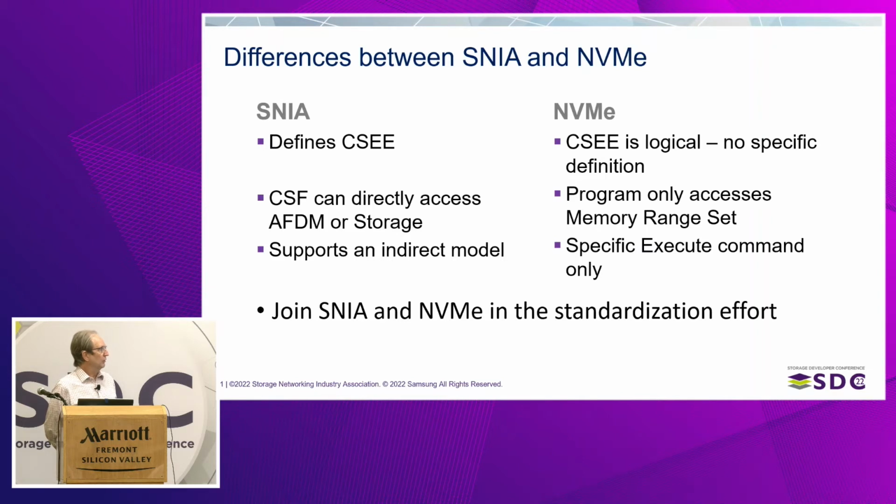The SNIA model supports an indirect model. So if you were here for the discussion that Scott and Jason had at the beginning at 1 o'clock, they talked about two different models, a direct model and an indirect model. So the indirect model basically says that you can have specific storage locations that are associated with a particular computational storage function.